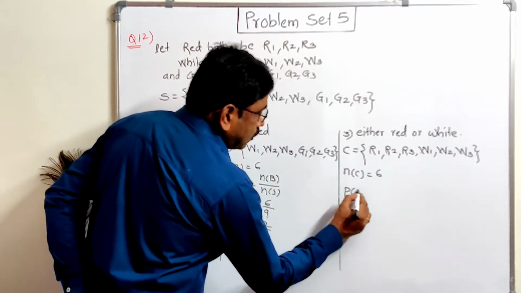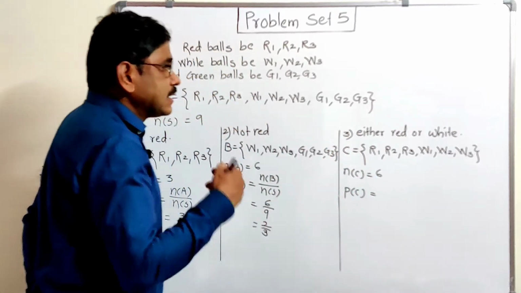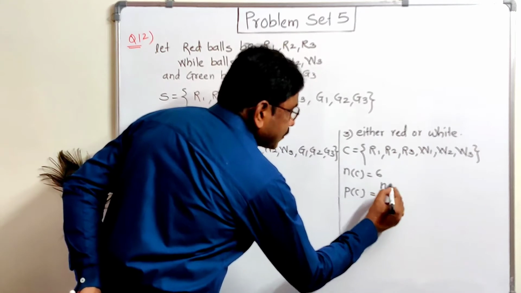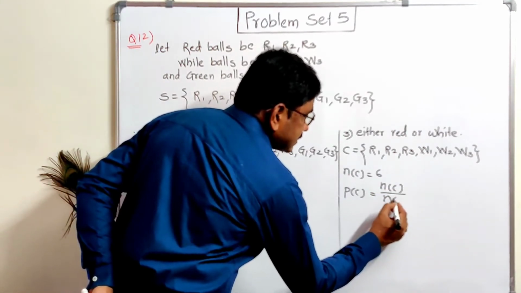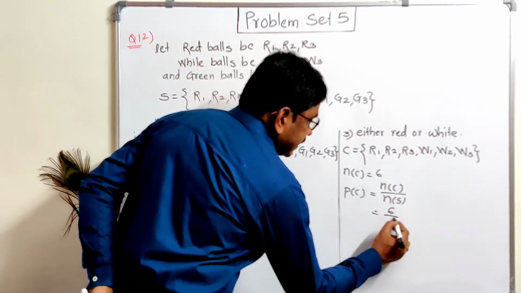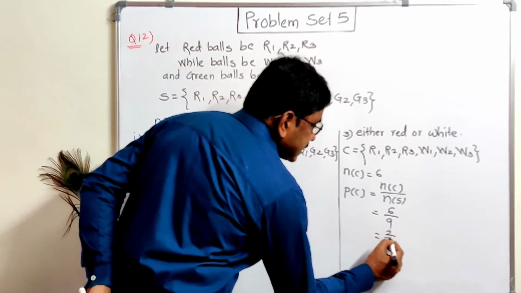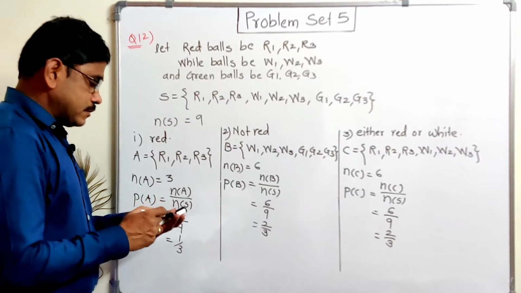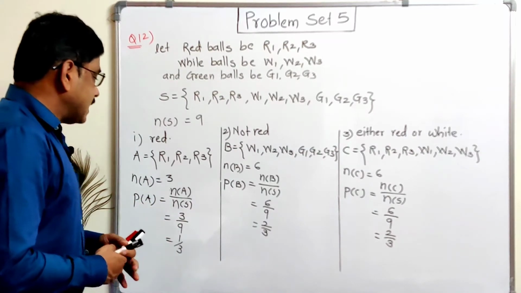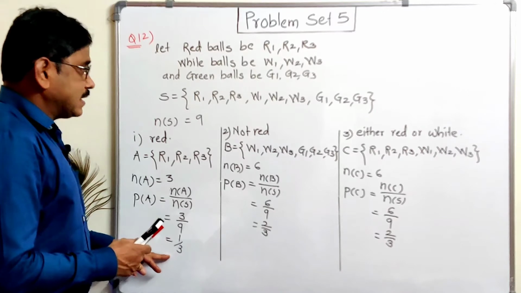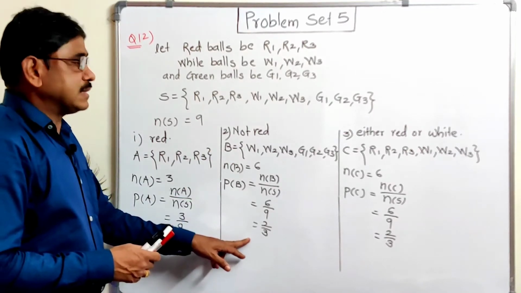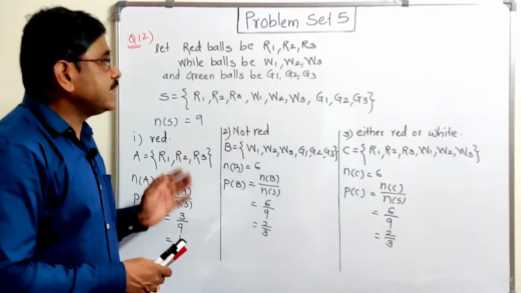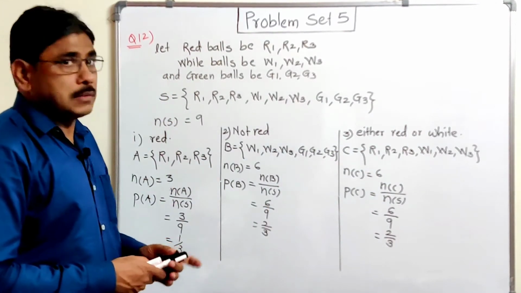Therefore probability of the set that the ball is either red or white, the probability will be n(C) divided by n(S), that is the formula, or 6 divided by 9. So 3 2s are 6 and 3 3s are 9. Again the probability is 2 by 3. So in this way we can find the probability that the ball is red, the probability is 1 by 3. Ball is not red, probability is 2 by 3. And ball is either red or white, probability is 2 by 3 again. So in this way we can solve that 12th sum.